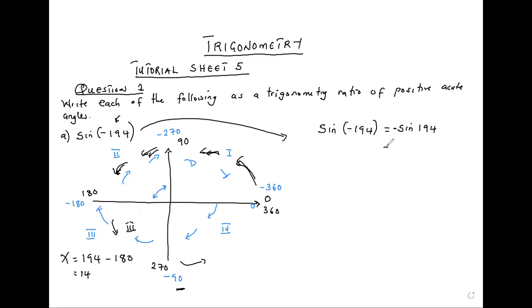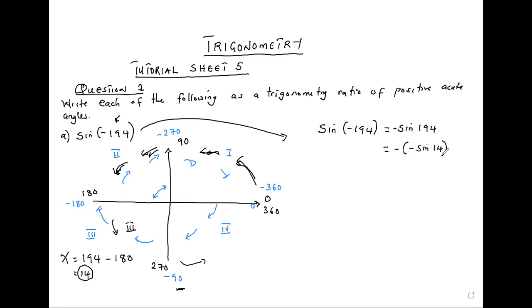Meaning that this will be the same thing as negative sine. But because we are talking of 14, that lies in the first quadrant where sine is positive, then for us to go to 14, we'll say negative sine 14.